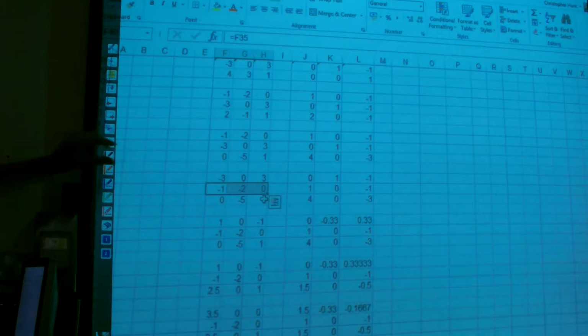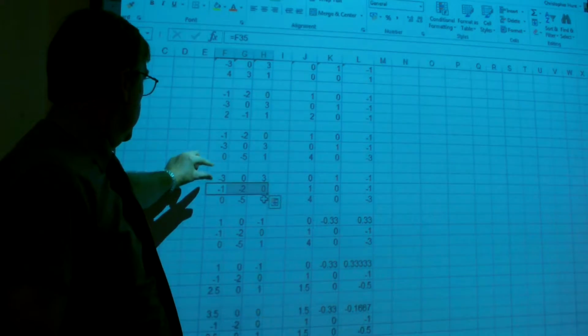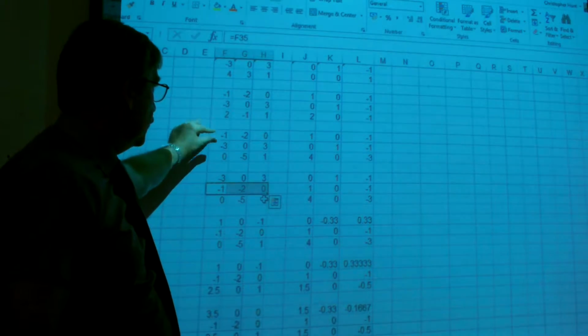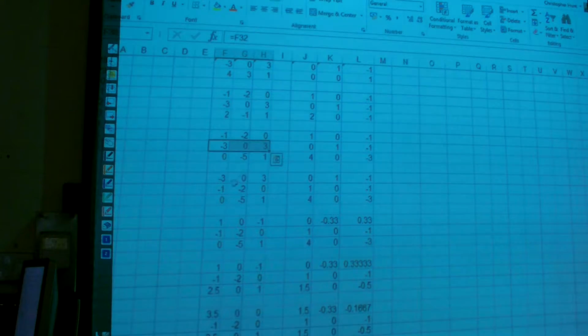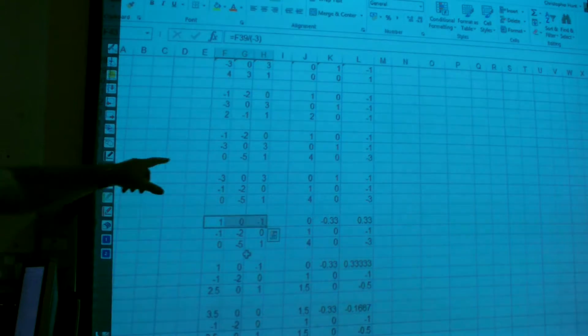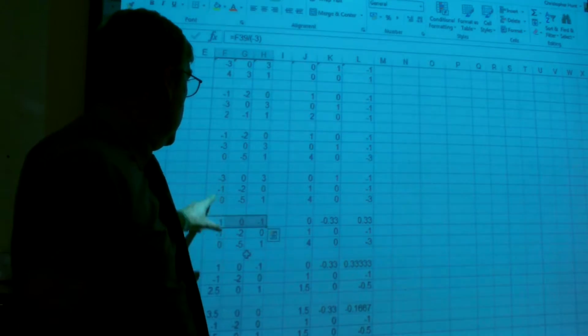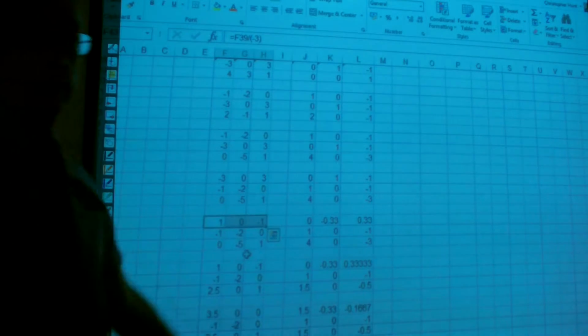I decided to switch those 2 rows around. So the minus 3 0 3 goes on the top, and the 1 minus 2 0 goes in the middle. And then I divided this row by minus 3.